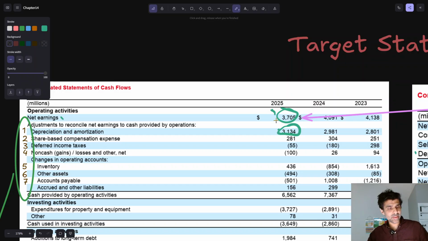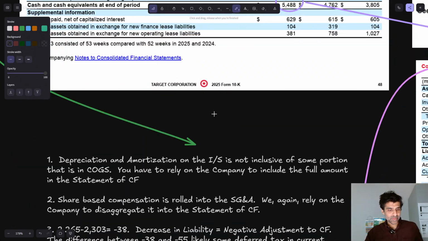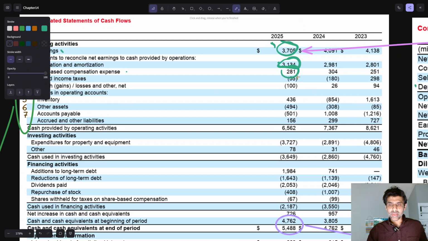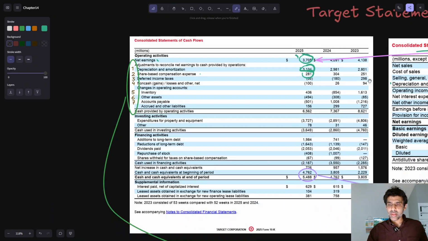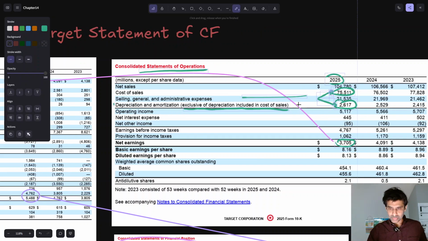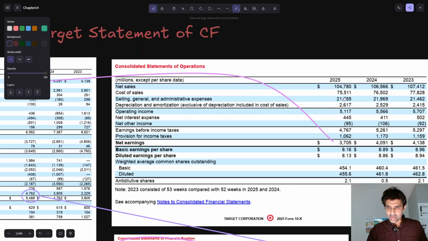Okay, so now let's look at the next one. Share-based compensation expense, 281,000. Now I wrote notes here, so let's see. Number 2, share-based compensation is rolled into selling, general and administrative. So look, this is 281 million. If we look at the total for selling, general and administrative, you can see it's whatever, 21 billion.